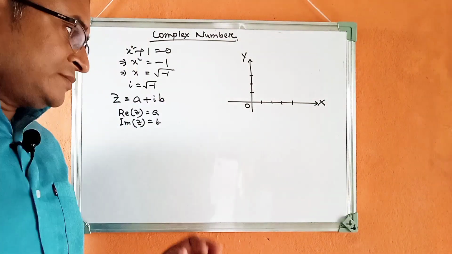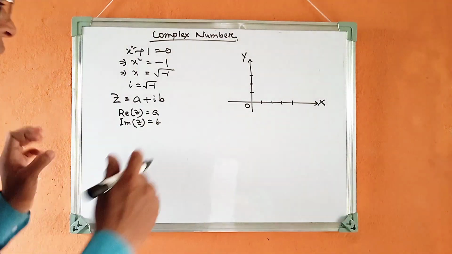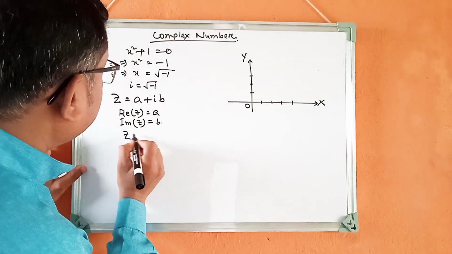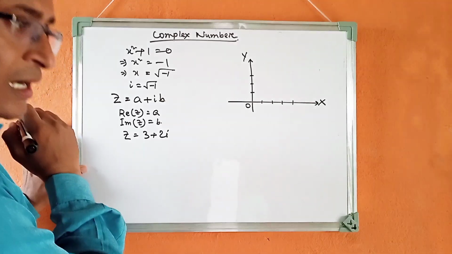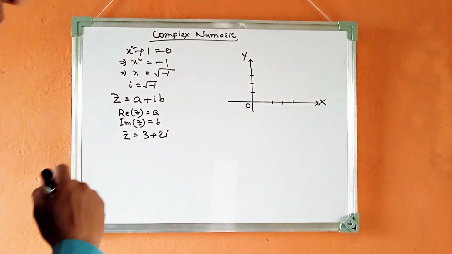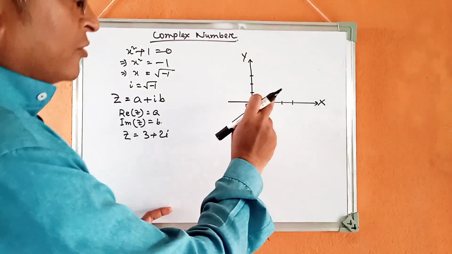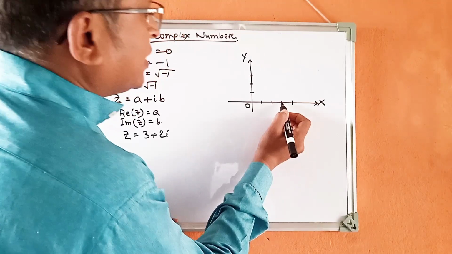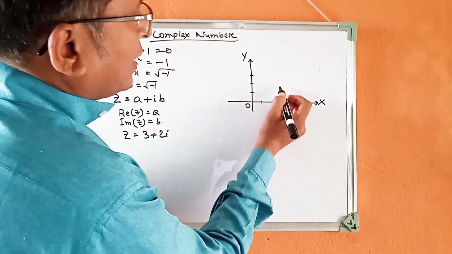Now suppose we take a number z equal to 3 plus 2i. How to represent 3 plus 2i in this graph? See here, 3 is the real part, so go along the x-axis, 1, 2, 3. Now 2i means go along the y-axis, 1, 2.